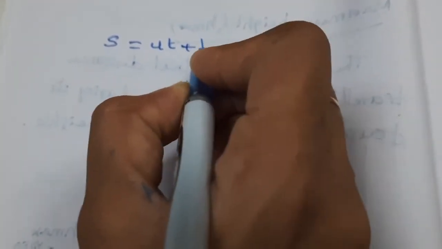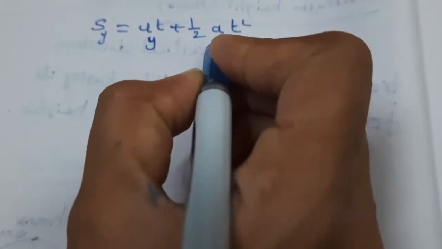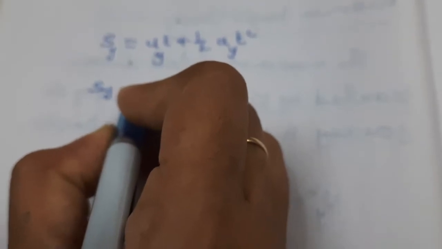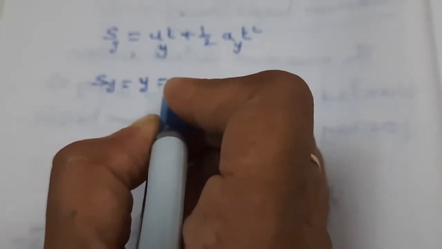So time of flight we can obtain by using the relation S is equal to ut plus half at square. We are using the vertical component: Sy equal to uyt plus half ayt square. So Sy is equal to y is equal to 0. Why is it 0?